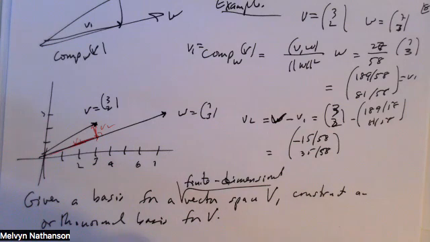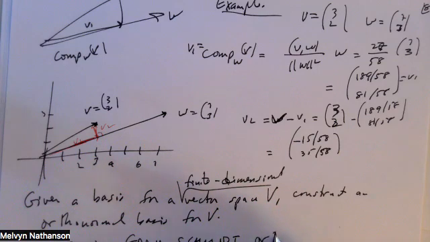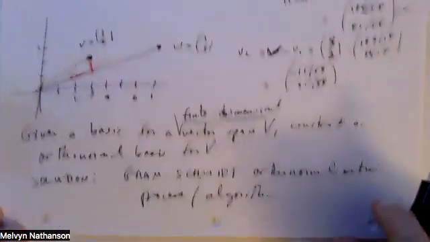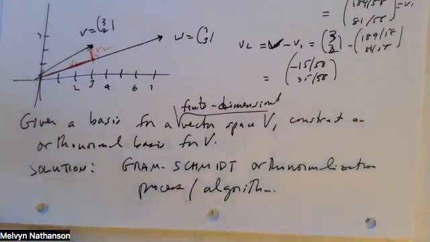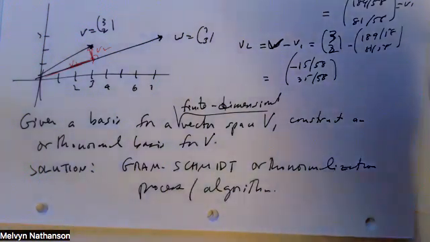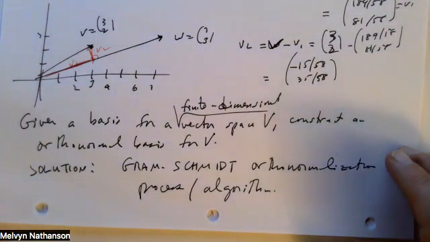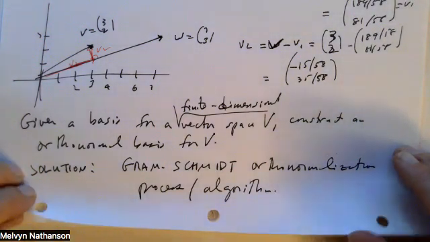And there is a solution to this problem, which is called the Gram-Schmidt orthonormalization process, or algorithm. Of course, it really is an algorithm to solve the problem. So the last thing I want to do in this talk is describe the Gram-Schmidt process.